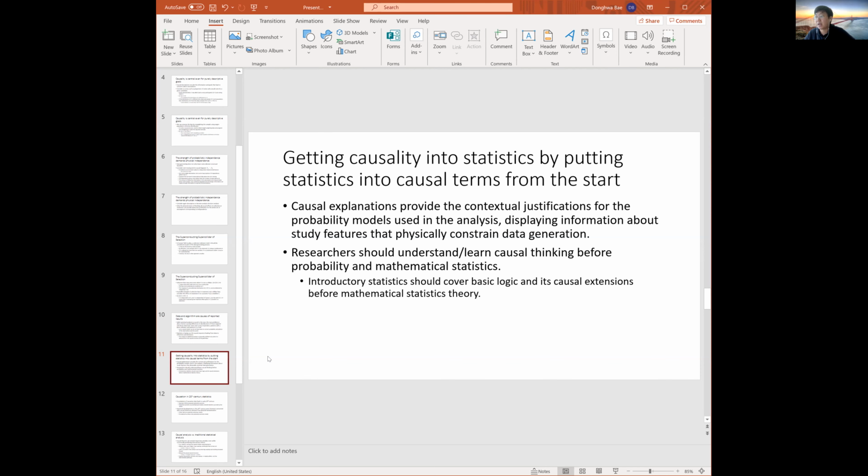And the author argues that introductory statistics should cover basic logic and its causal extensions when teaching mathematical statistics theories. So the causal relation is core to statistics, as stated in the paper.